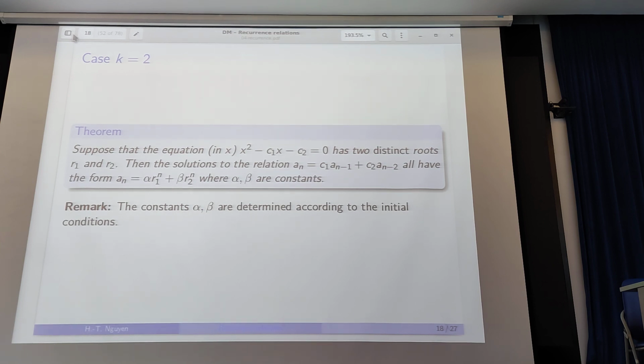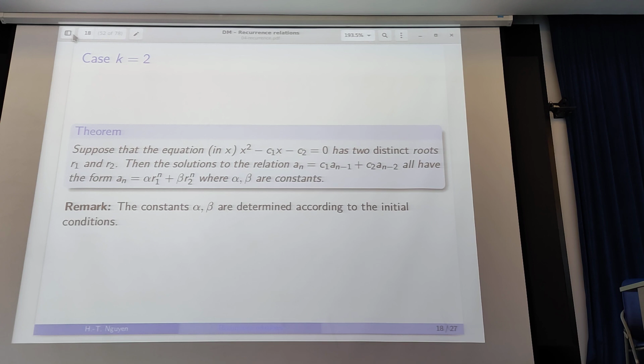The general solution is f_n equals alpha times (1 plus square root of 5 divided by 2) to the power n plus beta times (1 minus square root of 5 divided by 2) to the power n. Now it remains to calculate alpha and beta.